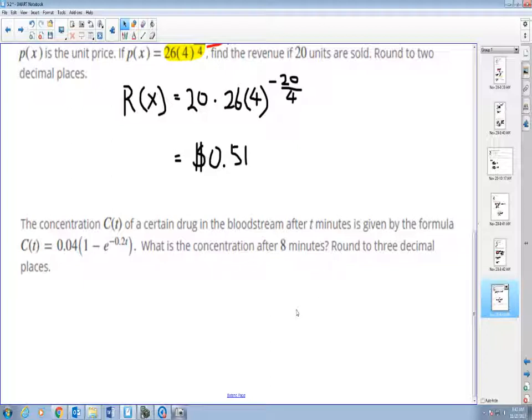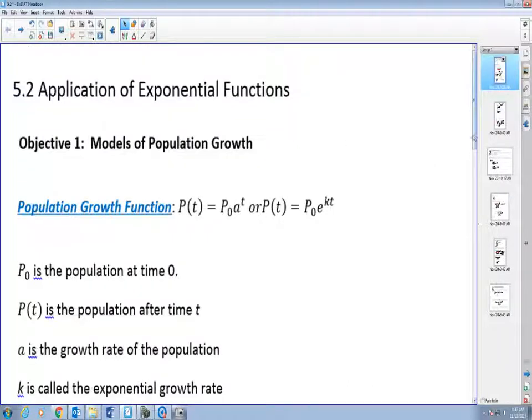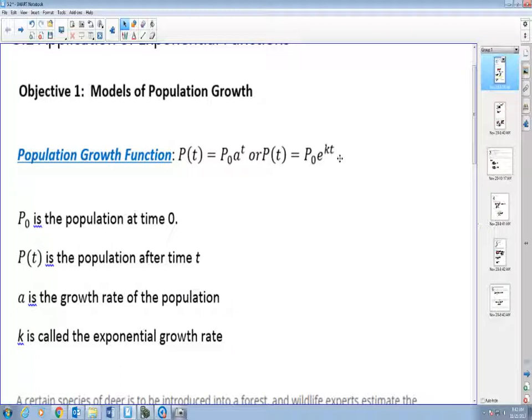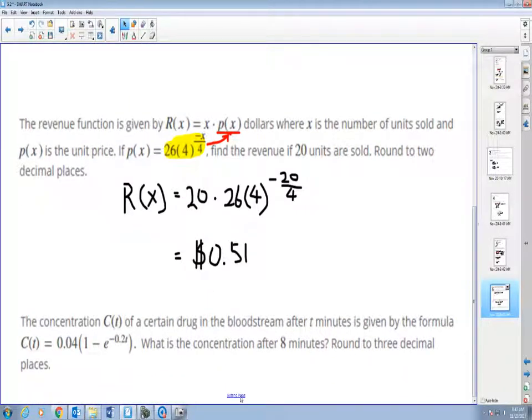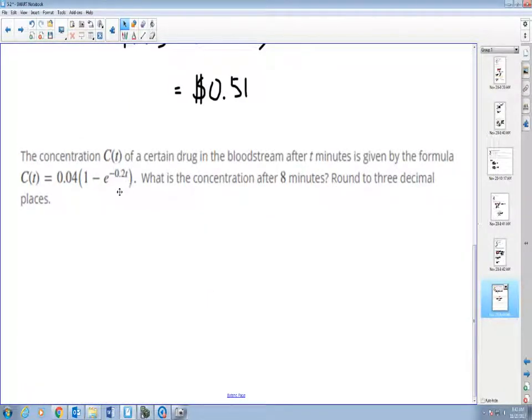Basically, concentration in the bloodstream should decrease over time. If you look at this part right here and think back to my population model, e to the KT power, when the number K in front of the T is negative, that means what? Decay, or depreciate, or go downward. The Y value goes downward. So the problem makes sense.